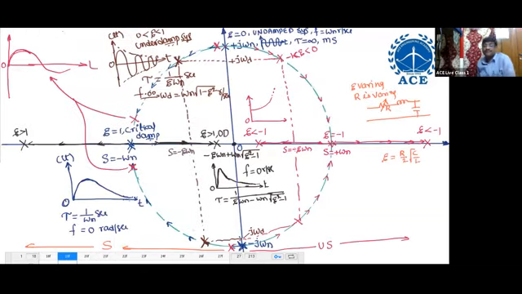What is the first conclusion? What is the second order system's poles path? Anybody? It is not a unit circle.